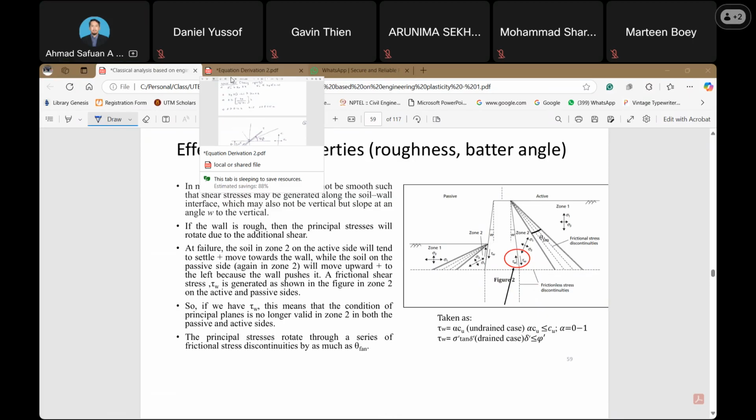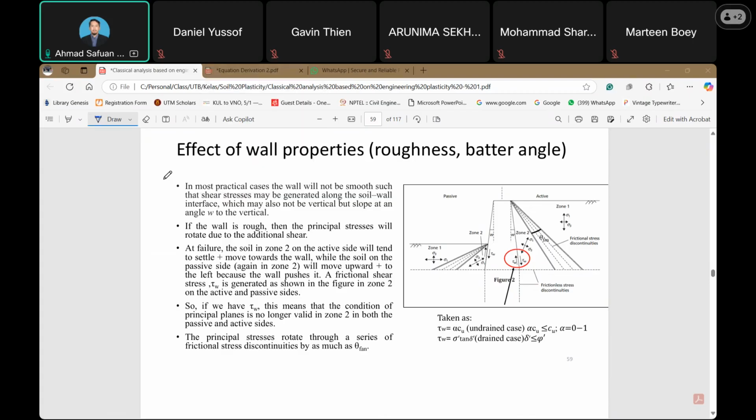For the undrained case, we assume the wall is rough. Meanwhile, for the drained case, I will share with you later on the full derivation, I mean the explanations. But in this slide, we will go based on what has been written in the slide.